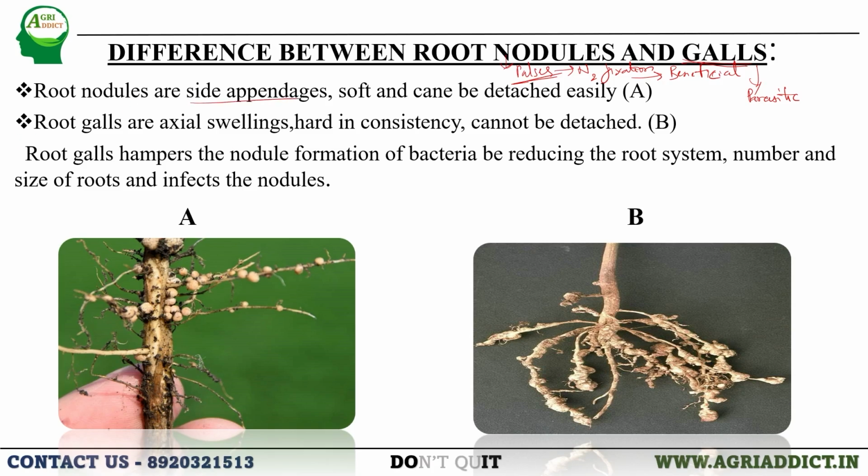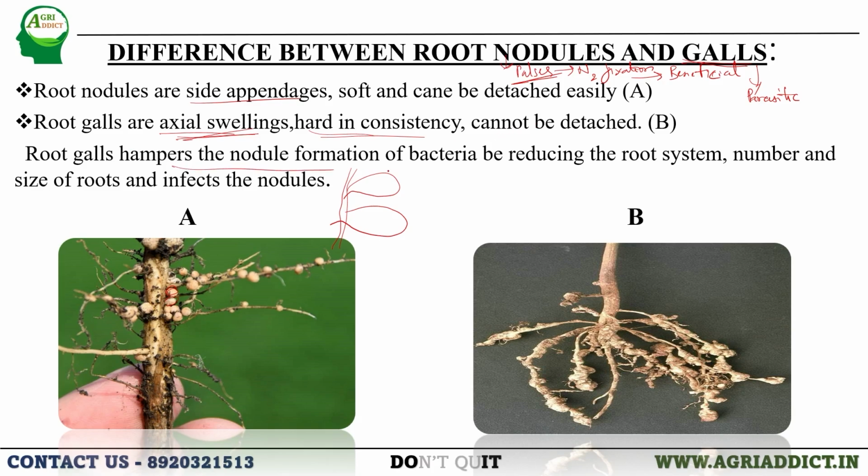Nodules, as you can see in the figure, are like side appendages and soft in nature, and if you detach them, they can easily detach from the plant root system. Whereas galls are axial swellings as they grow axially in nature, and they are hard in consistency and cannot be easily detached like root nodules.